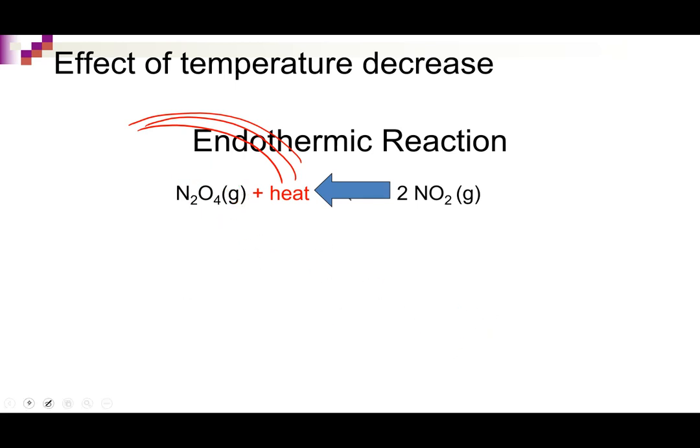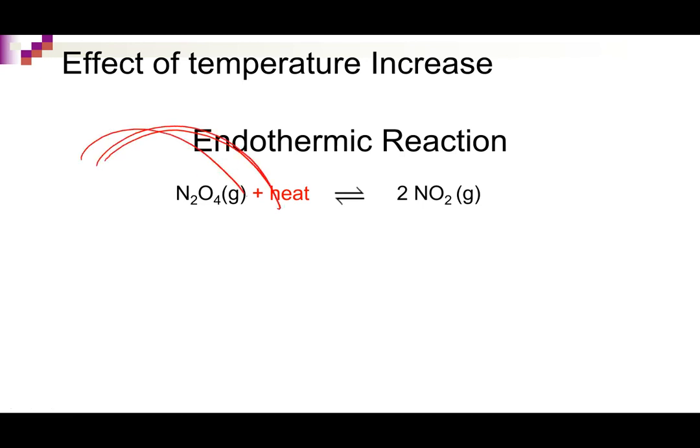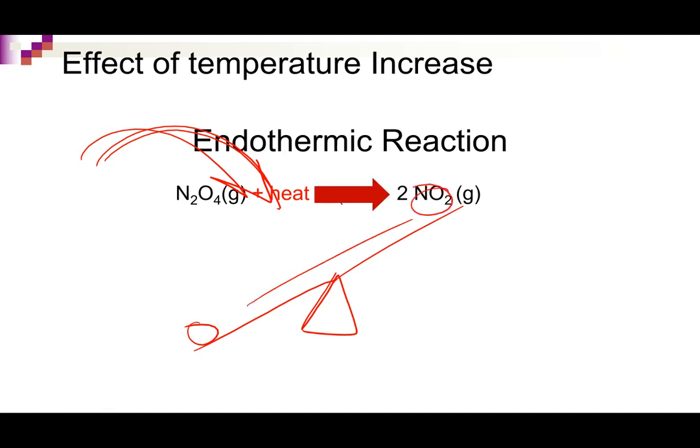Okay. If I increase the temperature of an endothermic reaction, that's essentially adding weight to the reactant side. So when I add weight to the reactant side, reactants are going to feel heavy, products are going to feel light. So this is going to push towards the products.